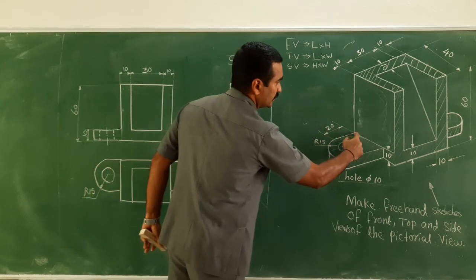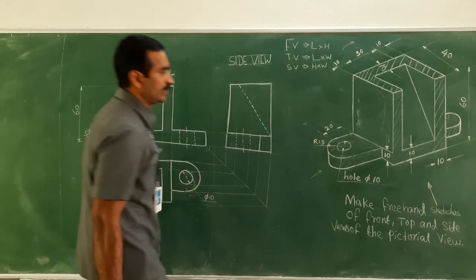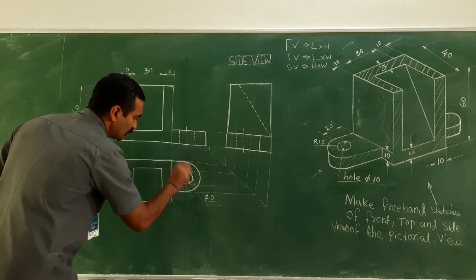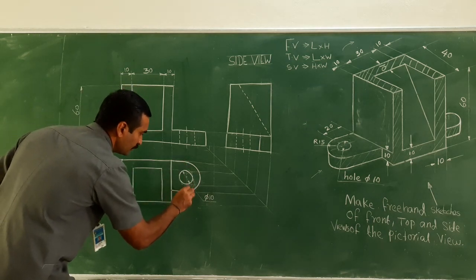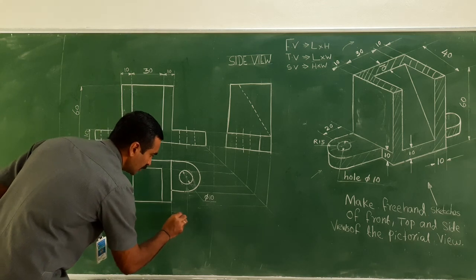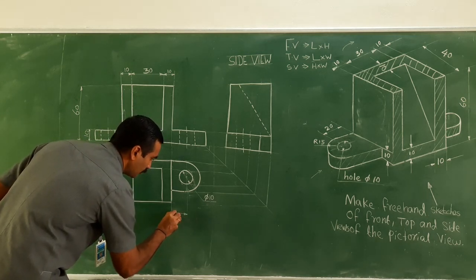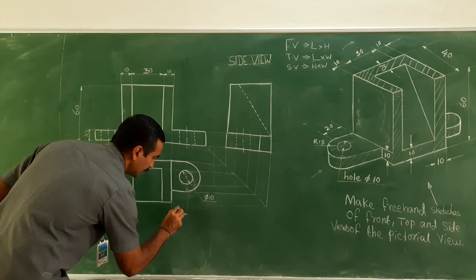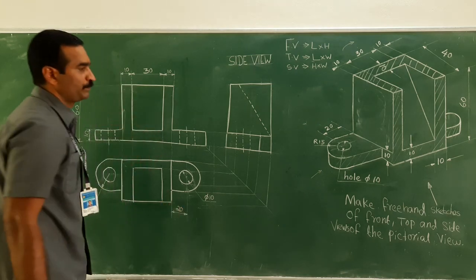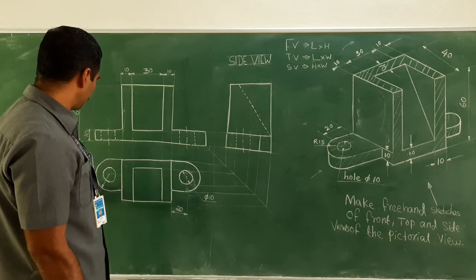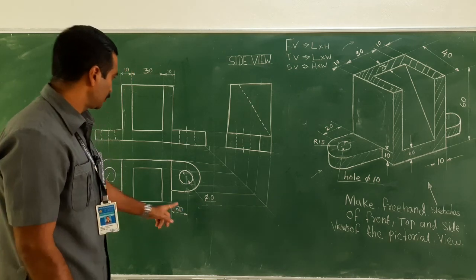Now from this end to this center is 20 mm, which can be mentioned here or at the bottom, wherever it is convenient, depending on space availability. You can mark the dimensioning here. It is 20 mm. Is anything missed? So this R15, that is 15, 10, 20.